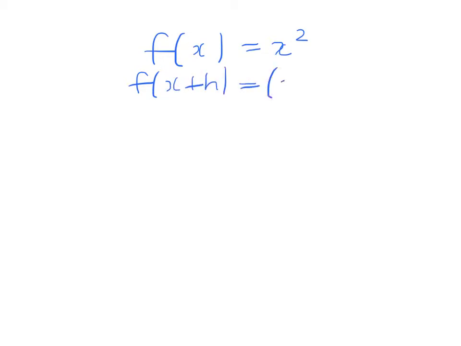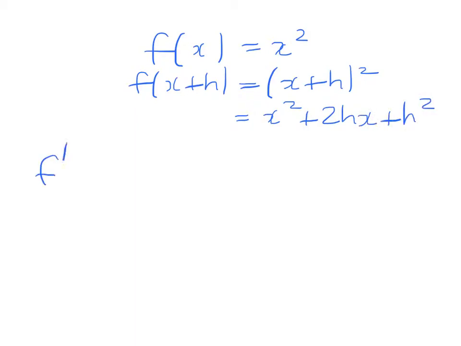Let's apply that now to f of x equals x squared. That's a nice easy one. I'm going to need f of x plus h, which is x plus h all squared. If I do a bit of algebra on that, it gives me that.